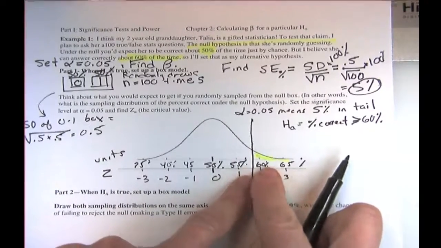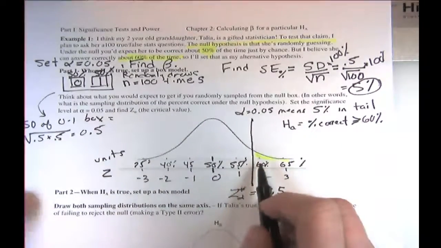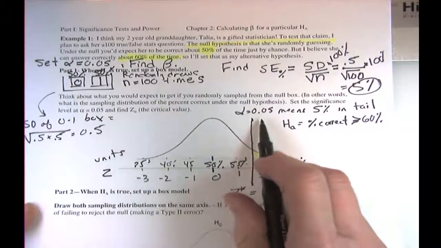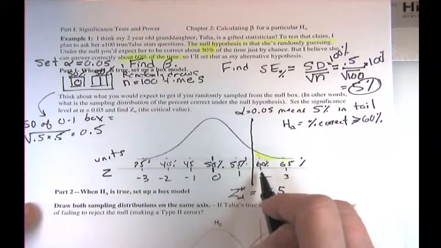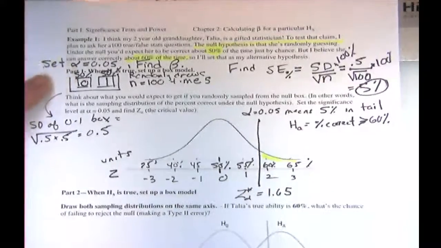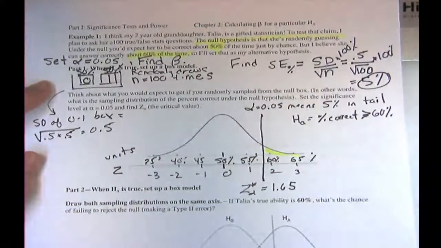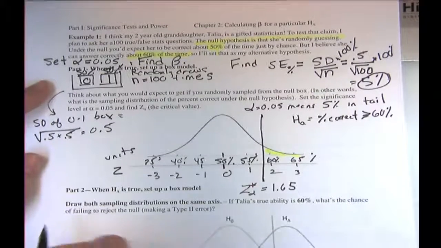That's my first thought. But now I realize, wait a minute, there's also a sampling distribution around the alternative. There's an alternative box. This is called the null box. When the null is true, this is our probability model. Now when the alternative is true, we have to work out what that probability model looks like.